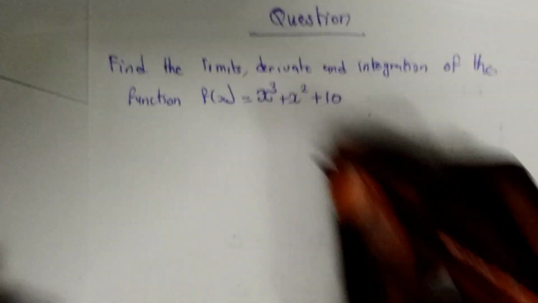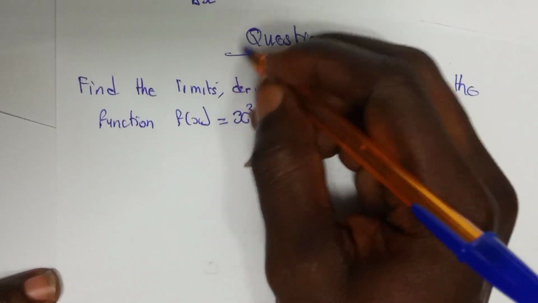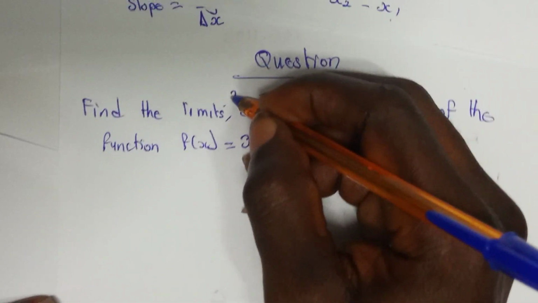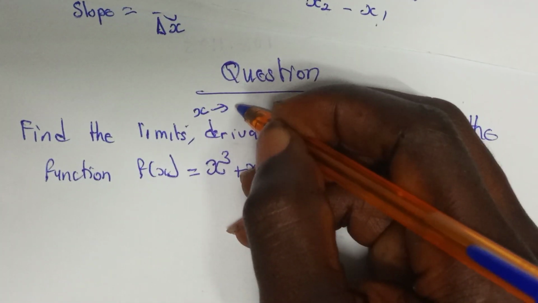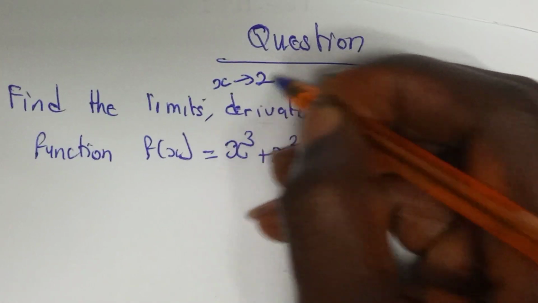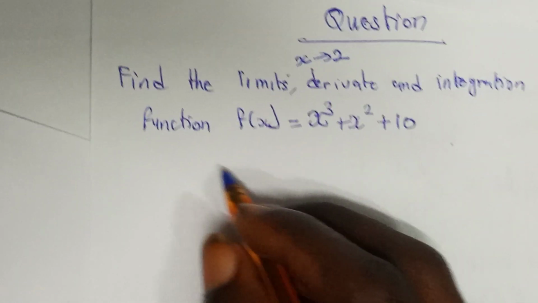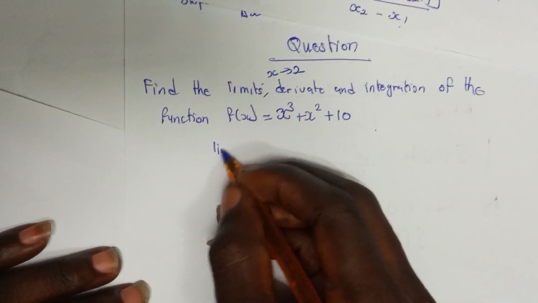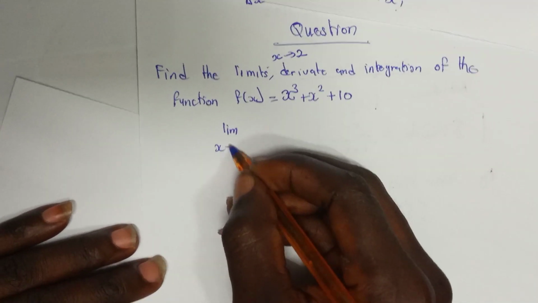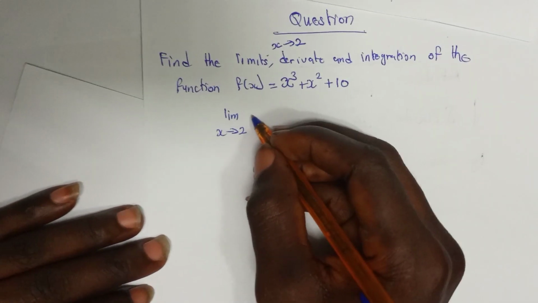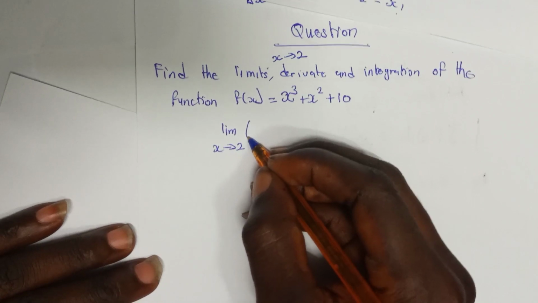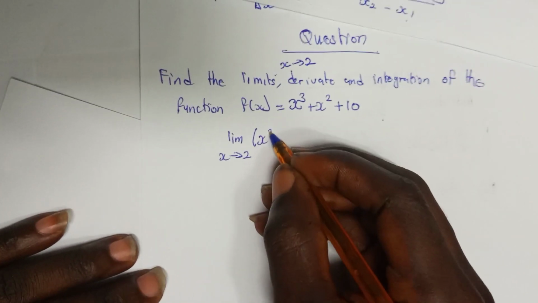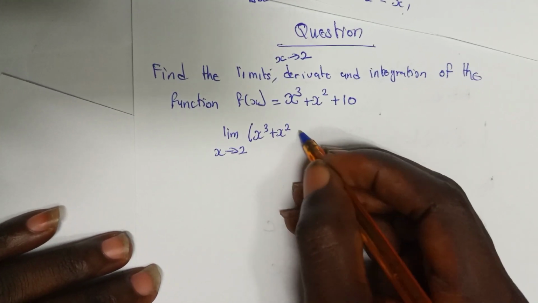So let's say limit as x approaches 2. We are going to get the limit as x approaches 2 of this function, x cubed plus x squared plus 10.